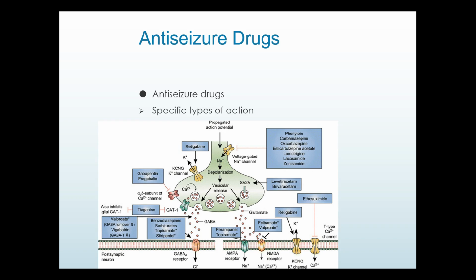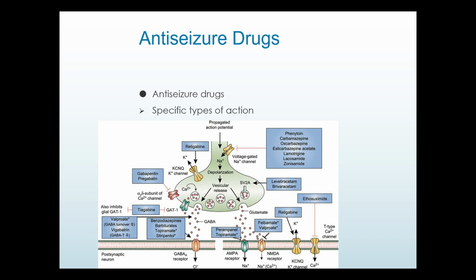There are a lot of anti-seizure drugs, or I should say they've done a lot of testing and experimentation with drugs that can help with seizures. These are just a few of them. We're just going to go over the most common ones here, but Keppra is actually the one that a lot of people are on now.